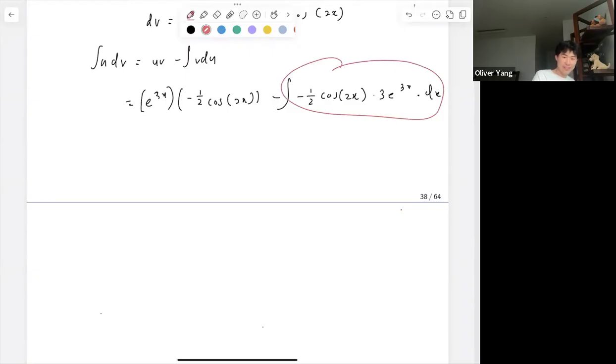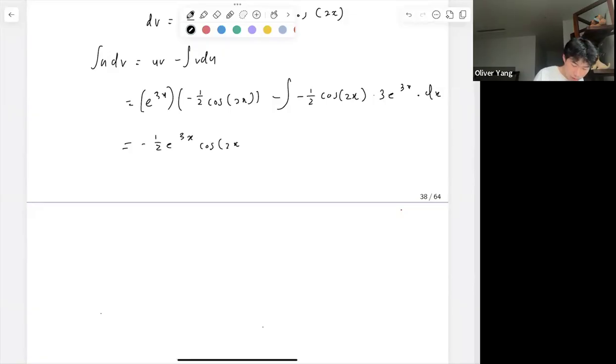First of all, let's get rid of the constants, because getting rid of constants outside is nice. So we put the negative half at the front, e to the 3x cos 2x. This is going to be plus 3 on 2, and let's put the e at the front, integral of e to the 3x cos 2x dx.